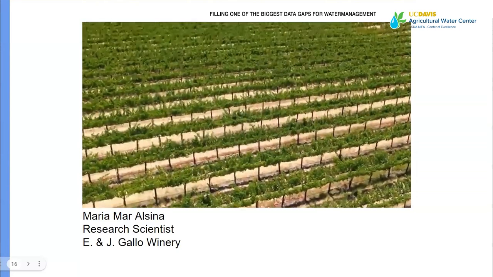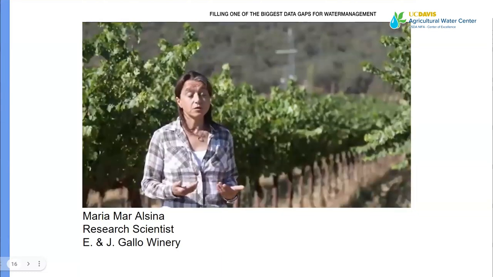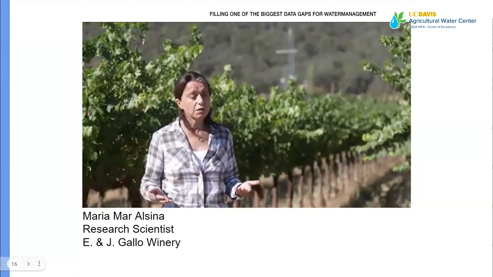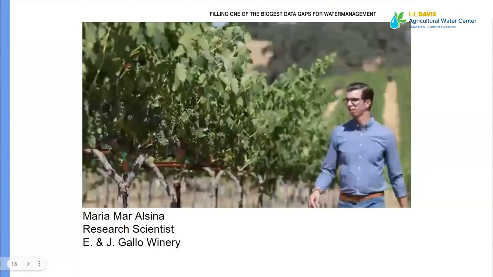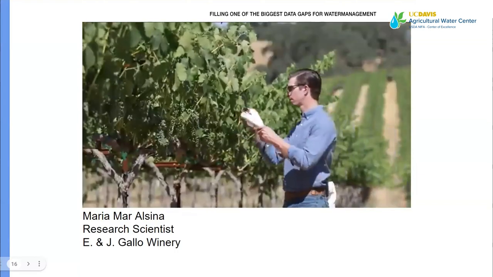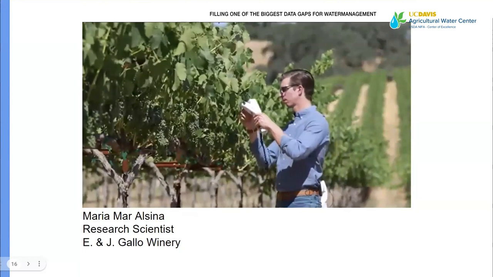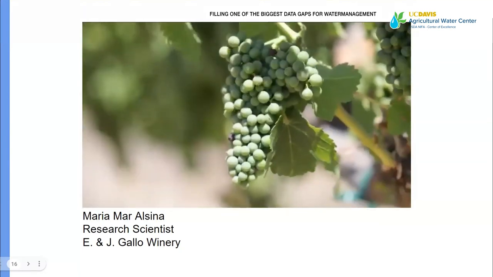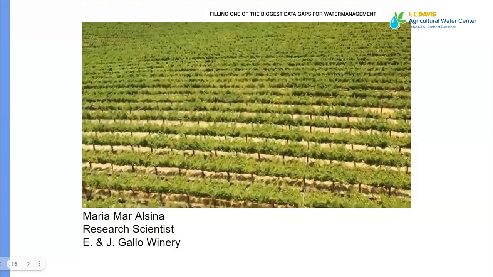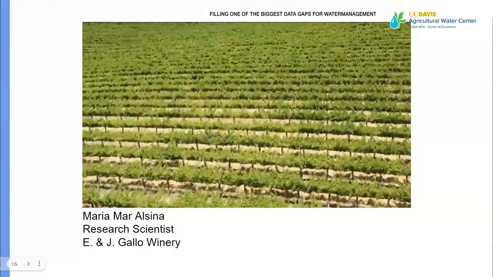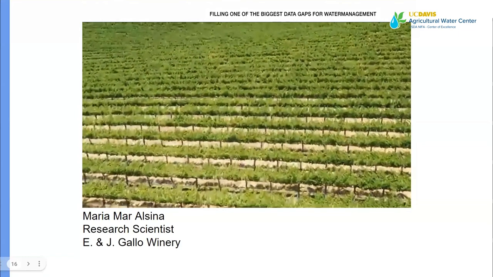ET is the real amount of water that is being used by the vineyard. So the ET data in some cases will help us detect over irrigations and therefore will end up with significant water savings. In other cases, it's going to help us to distribute better that water at every moment in the season.